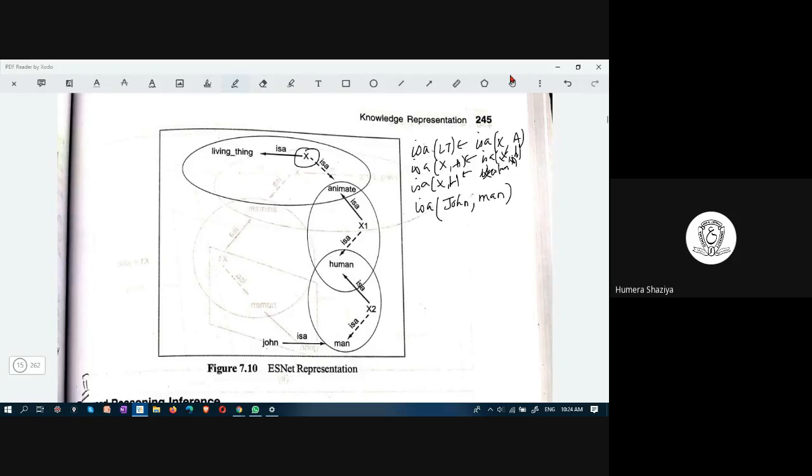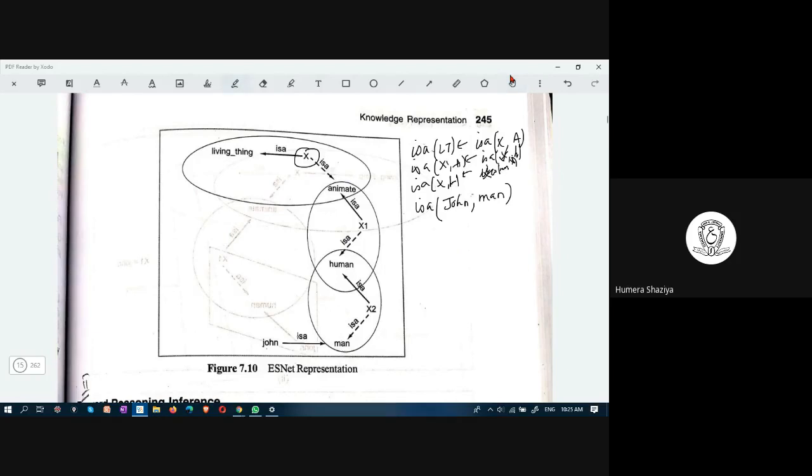This one is X. X is a living thing, X is animate. This is one clause. Second clause is X1 is animate and X1 is a human. Here we are using different names. In the first clause we have X, that is retained as it is. In the second clause, in place of X we are using X1.